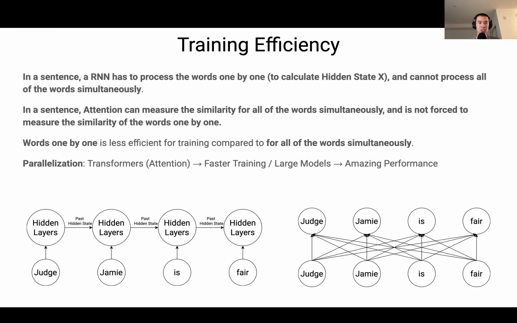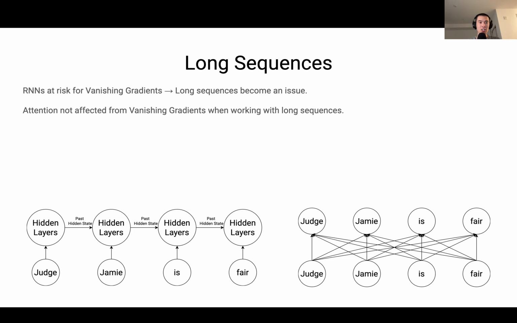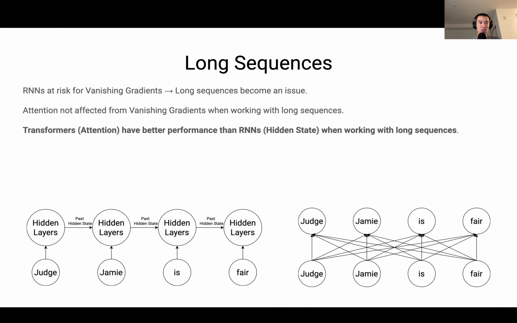This parallelization means that transformers can have faster training, large models, and these large models lead to amazing performance. As for long sequences, RNNs are at risk for vanishing gradients, so long sequences become an issue. Attention is not affected by vanishing gradients when working with long sequences. So in summary, transformers have better performance than RNNs when working with long sequences.